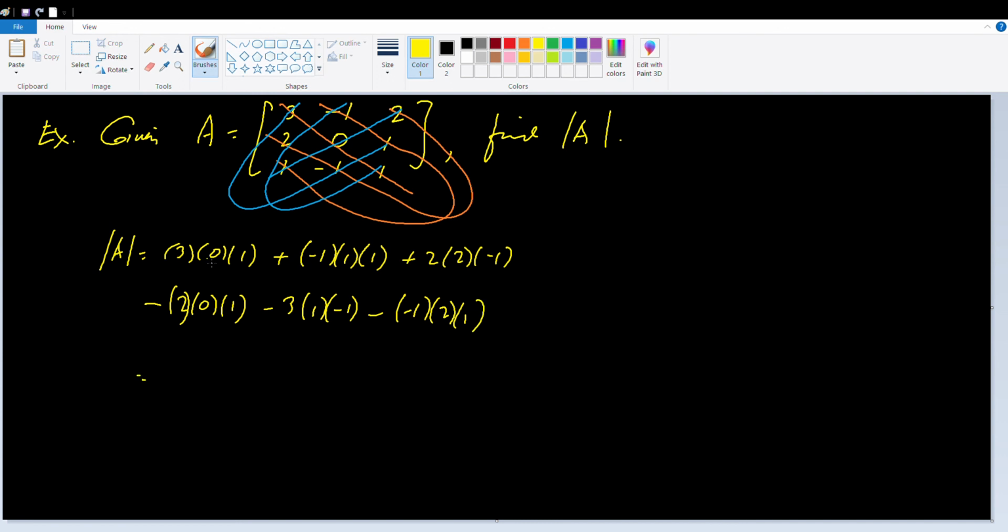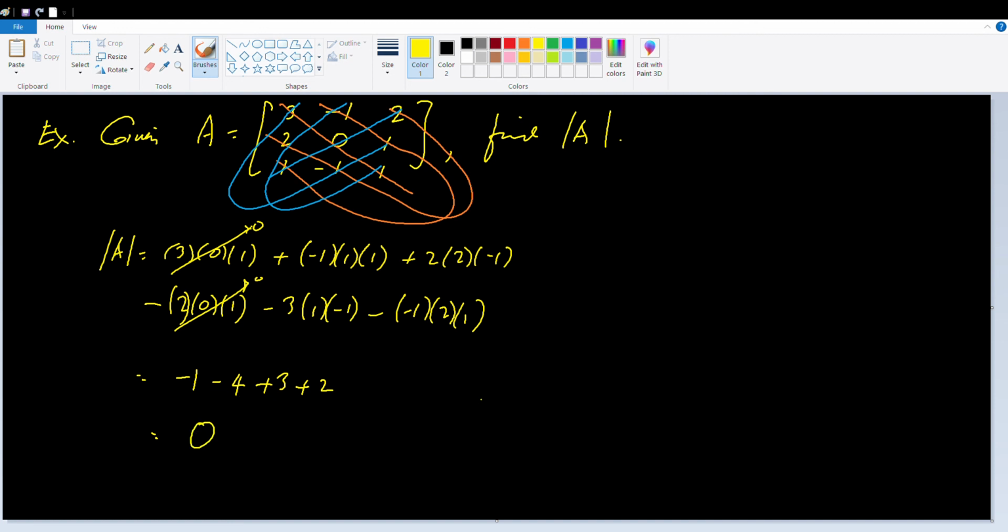Okay? So, since one of the factors here is 0, that will be 0. Same thing here. So, negative 1 times 1 times 1 is negative 1. 2 times 2 times negative 1 is negative 4. Negative 3 times 1 times negative 1 is positive 3. Negative 1 times negative 1 times 2 times 1 is positive 2. So 3 and 2 is 5 minus 5.